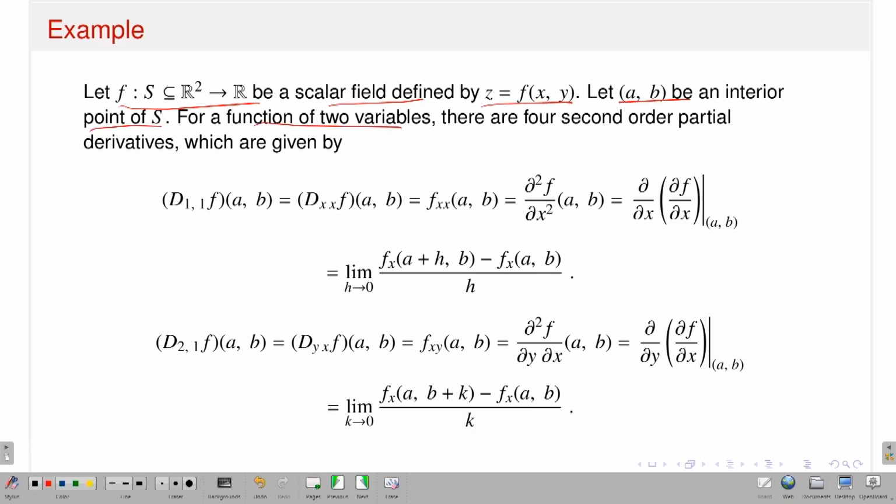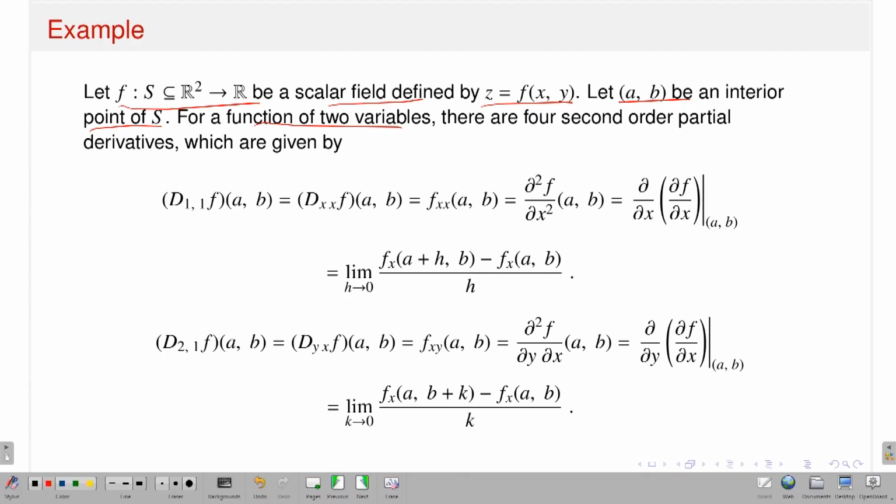For a function of two variables, how many second order partial derivatives will we have? Since it is a function of two variables, I can have two first order partial derivatives, del f del x and del f del y. These are first order partial derivatives, while I will talk about the second order partial derivatives.